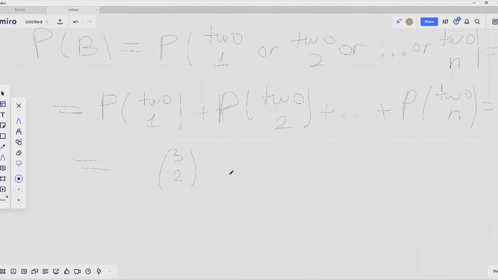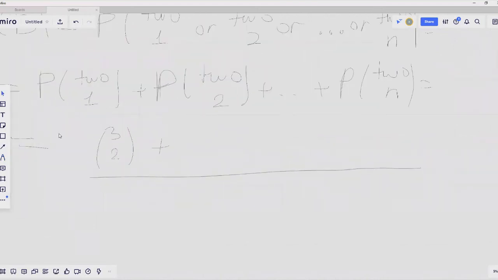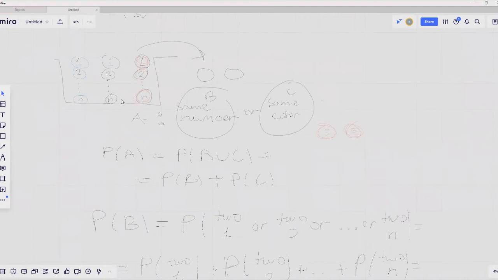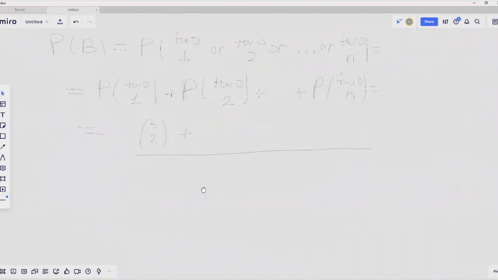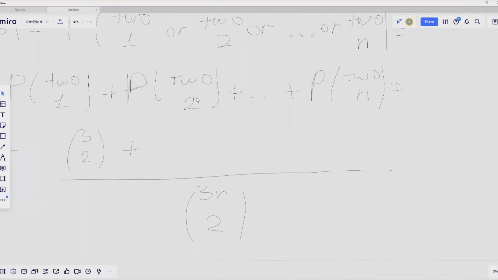Total number of, by the way, all these are going to have the same denominator. Total number of ways we can draw two chips out of our urn here that has 3n chips is given as 3n choose 2. Now, by a similar argument, the total number of ways we can draw two chips numbered 2 is 3 choose 2.